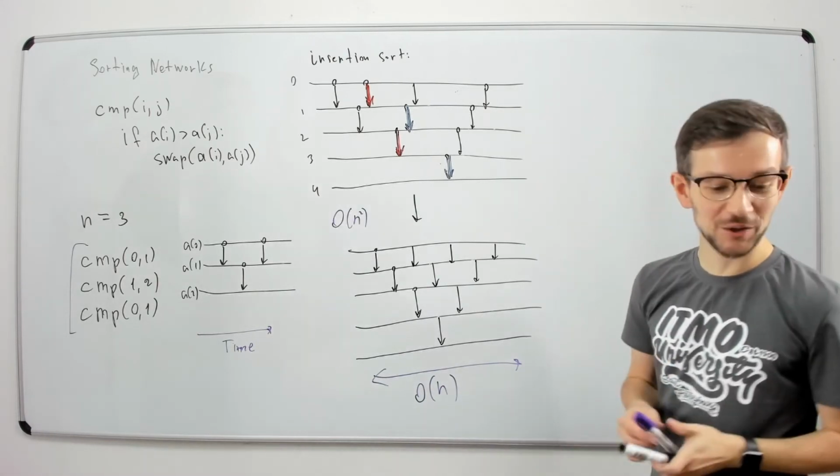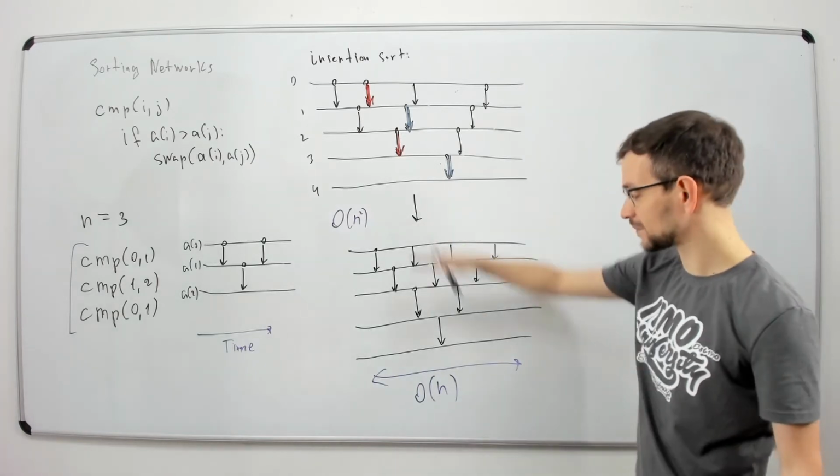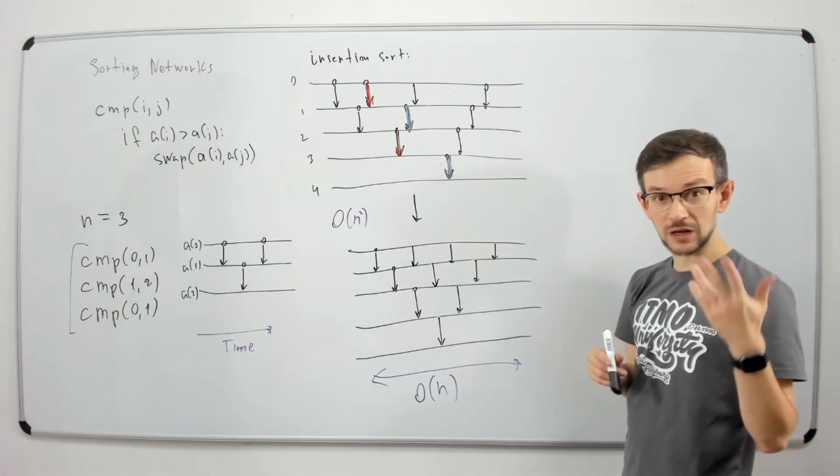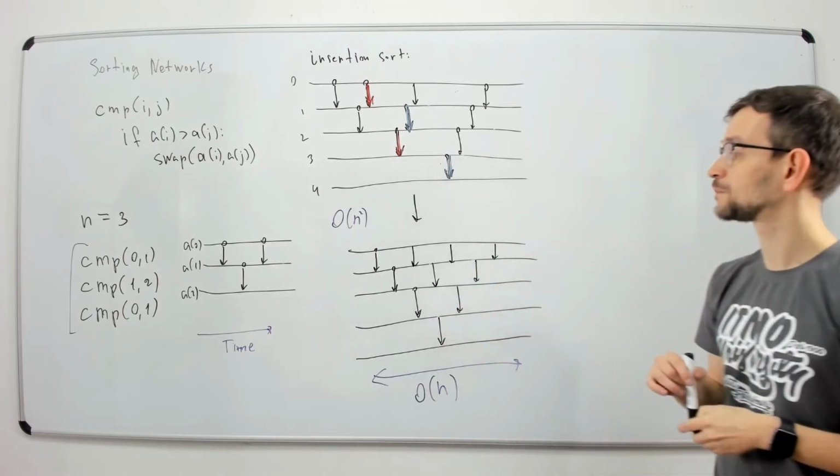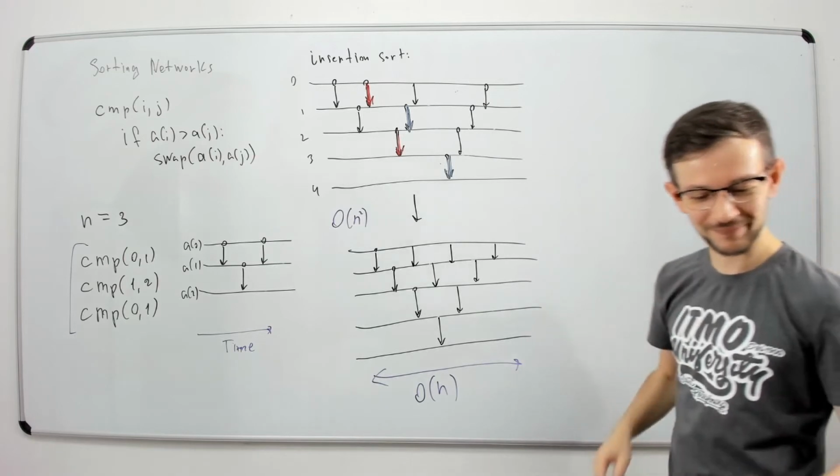Okay, the final thing we'll discuss today is how to make a better sorting network for this computational model.